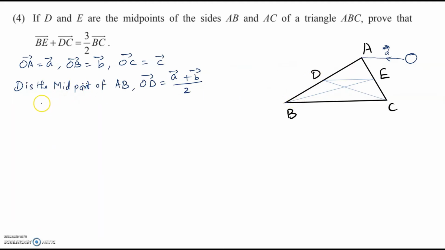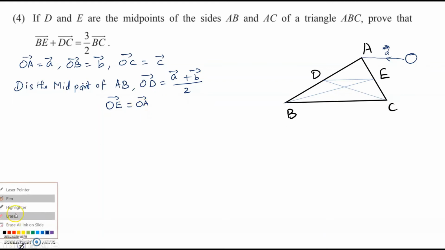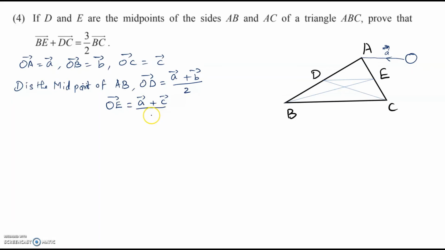Similarly, we can define OE vector as OA plus OC divided by 2, which is vector A plus vector C divided by 2.